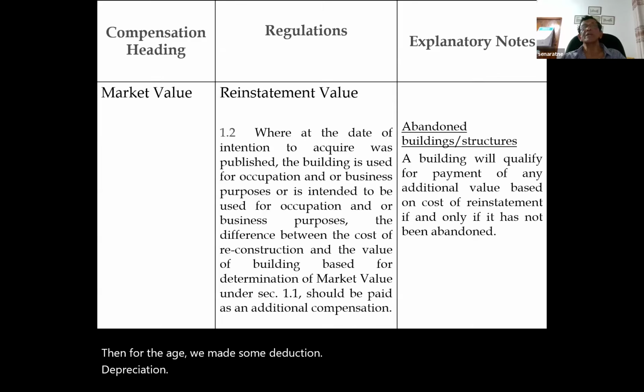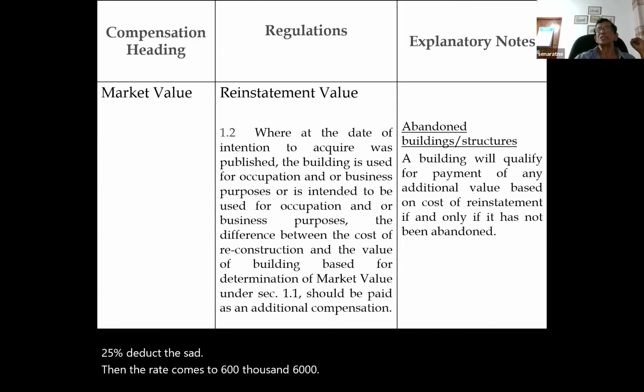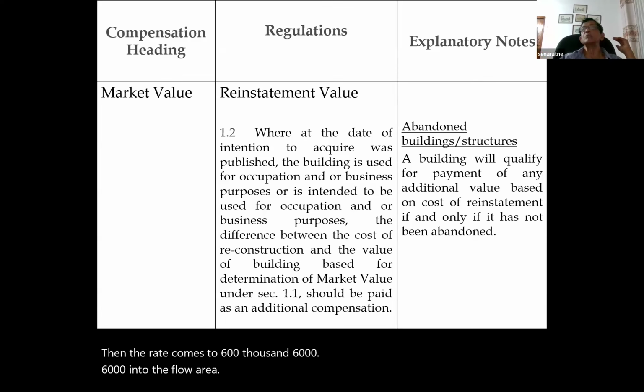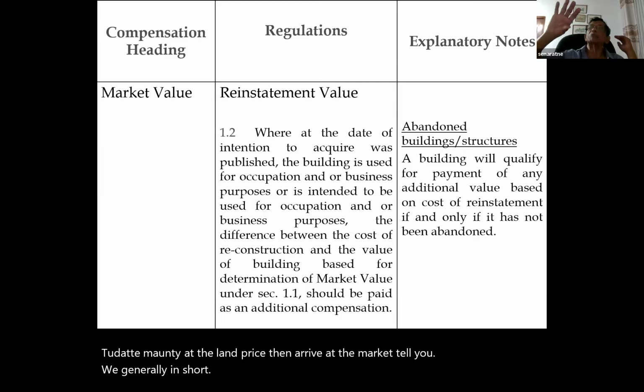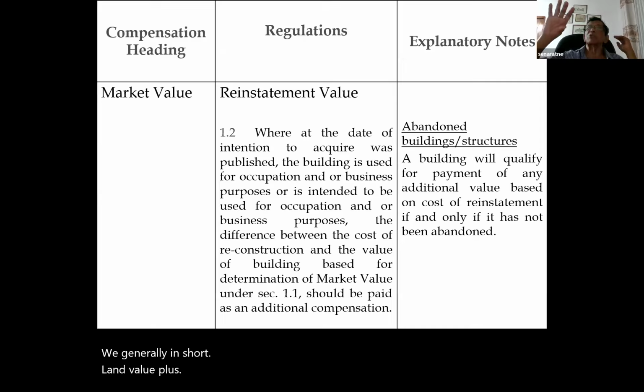We multiply the floor area by 8,000 and multiply by 0.75, that is, deduct 25% depreciation. Then the rate comes to 6,000, multiplied by the floor area. To that amount, we add the land price. Then we arrive at the market value. It means, in short, land value plus depreciated replacement cost of the building added together to arrive at the market value.